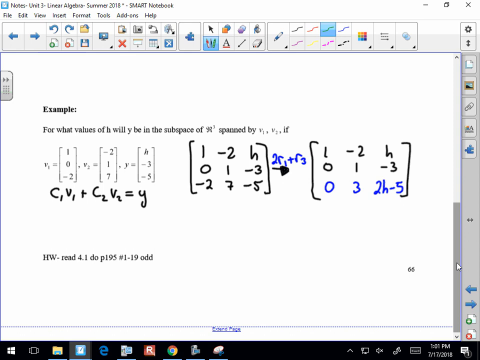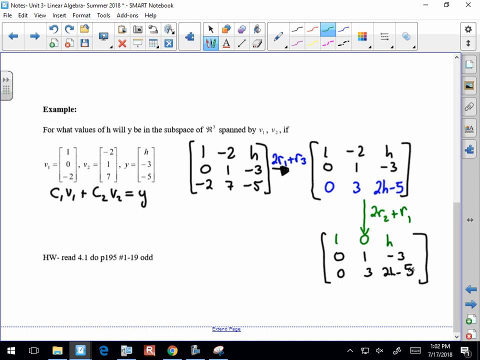I'd like the 2 on top to go away, although as it'll turn out, it's not really necessary, but I'm kind of particular about these things. So 2 R2 plus R1. So 1, 0, H minus 6.